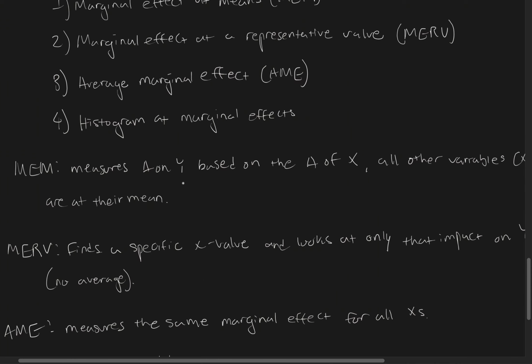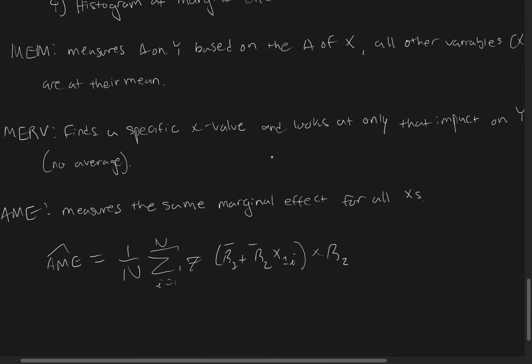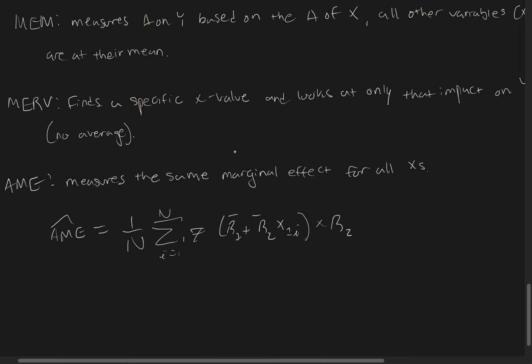The marginal effect at a representative value would measure what is the chance of a car crash given we're driving 60 miles per hour, 40 miles per hour, and then it will conclude that's kind of the mean. We're not going to say that's the average, but that's a useful statistic we might consider if we don't have a lot of other information.